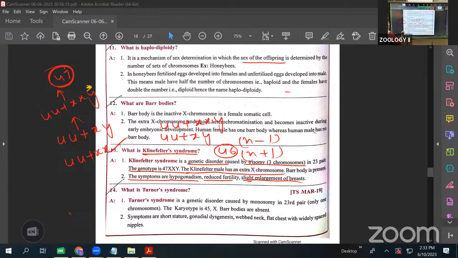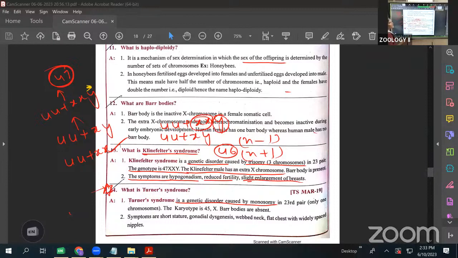Next is Turner syndrome. It is present in females. It is a genetic disorder caused by monosomy. Trisomy means that instead of two allosomes, one extra is there.